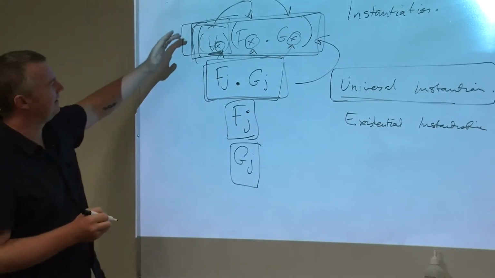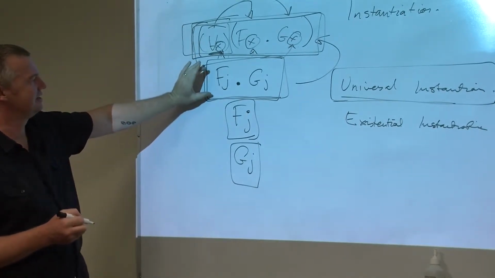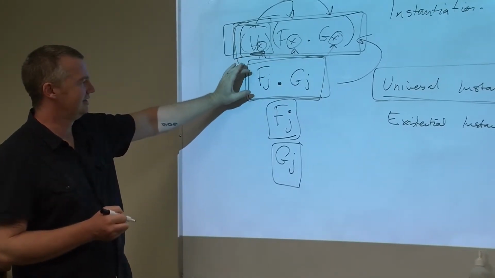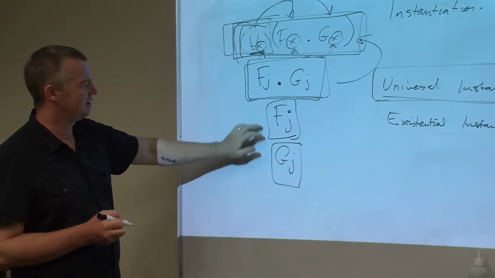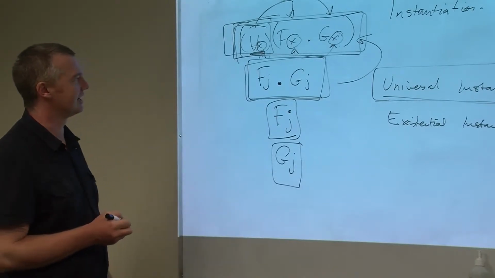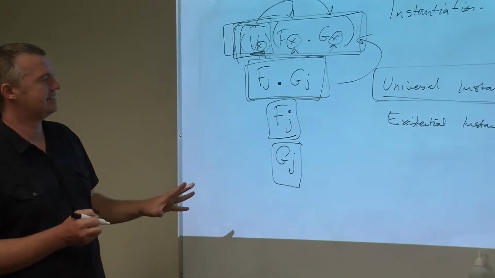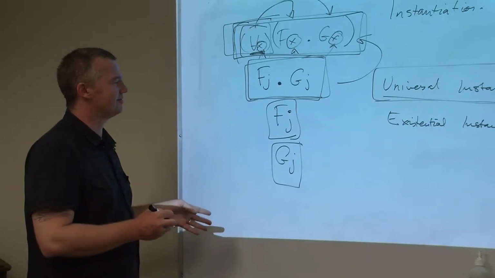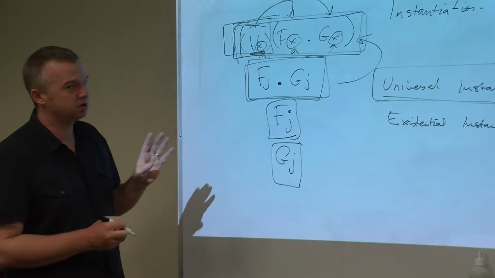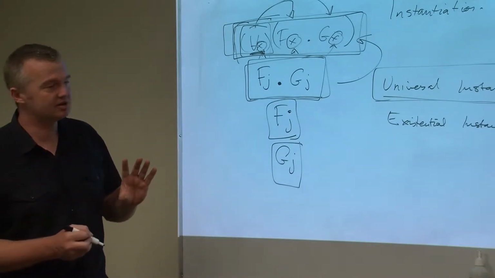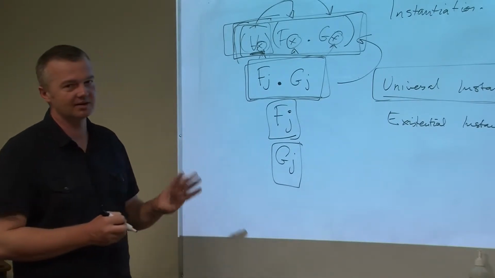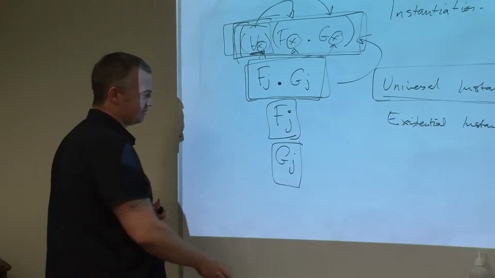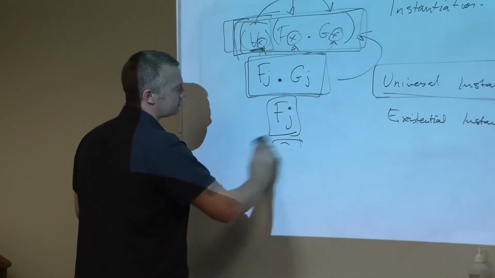So by universal instantiation, we move to this formula, and then by simplification, we were able to conclude these two lines. So universal instantiation, again, allows you to drop the universal quantifier and replace the variables with any name whatsoever. And this will prove very important as you go forward.